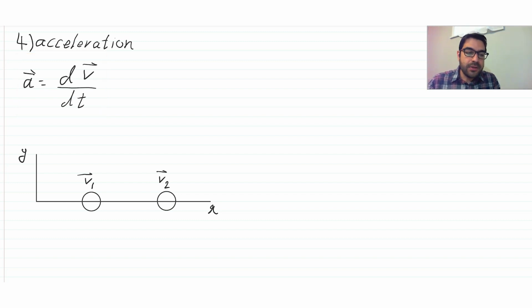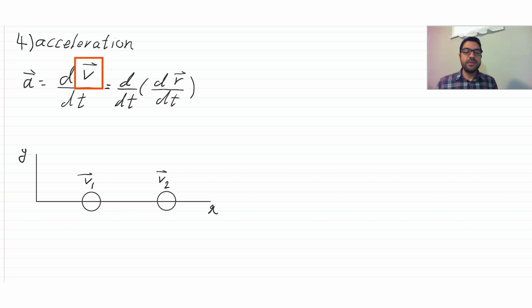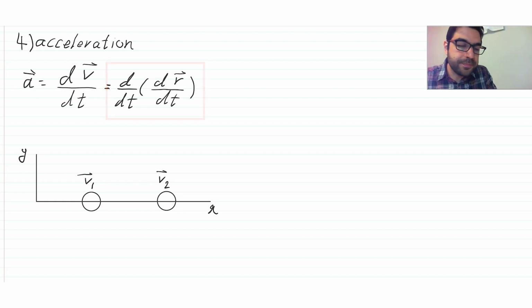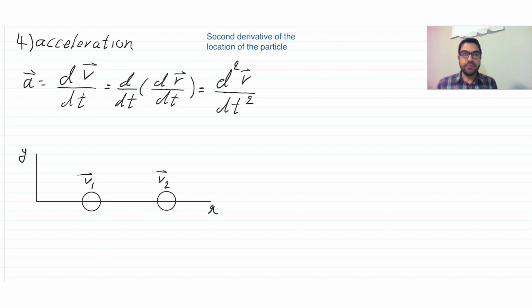And we can also write it in a different way because we already know what v is. So v is dr over dt. So we are going to write it differently, d over dt, and in parentheses dr over dt, which means that it's going to be the second derivative of the location of the particle.